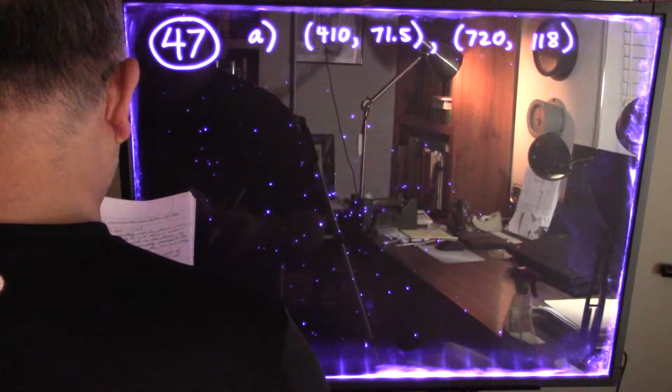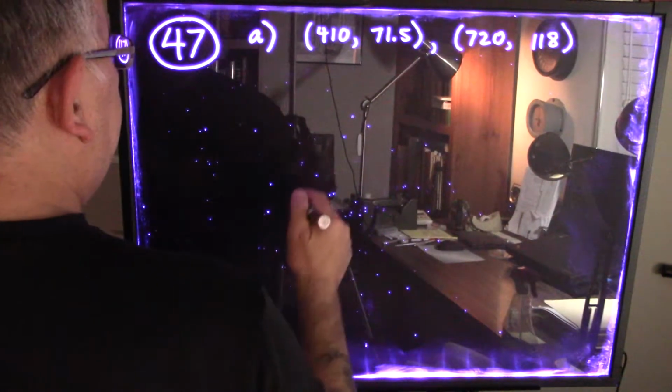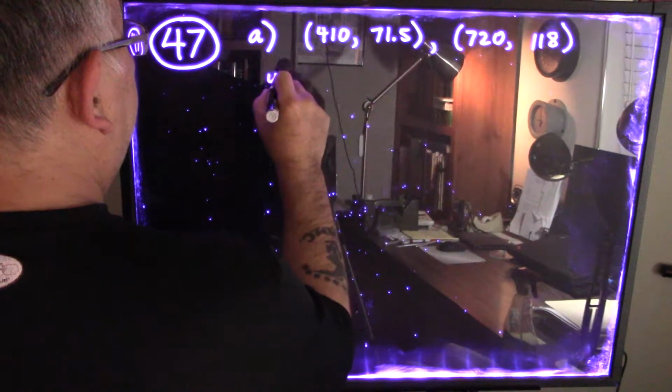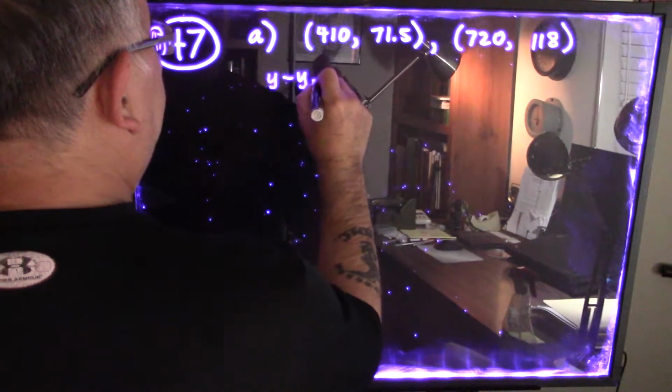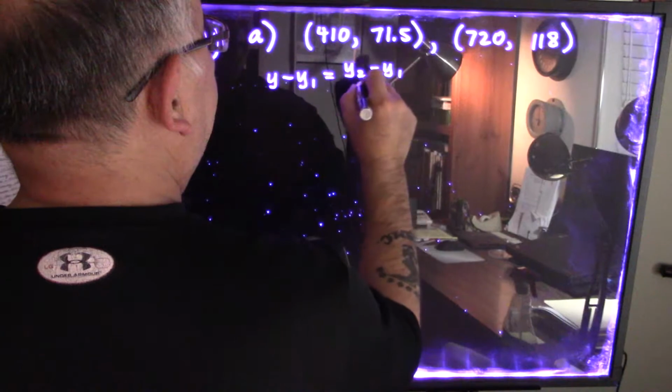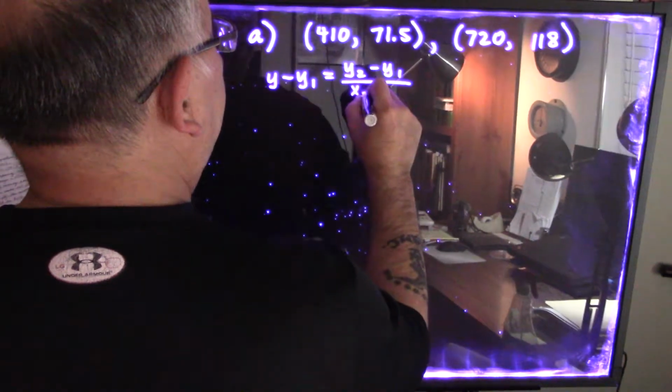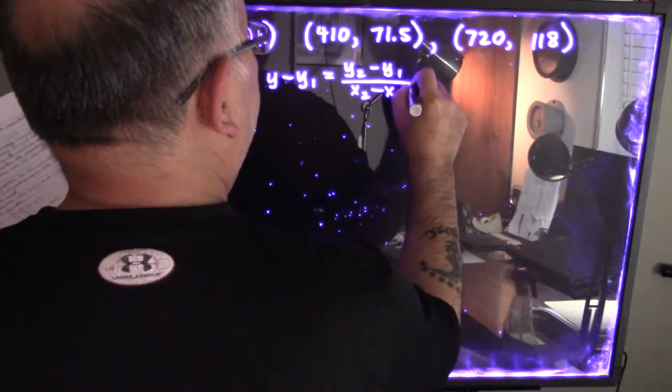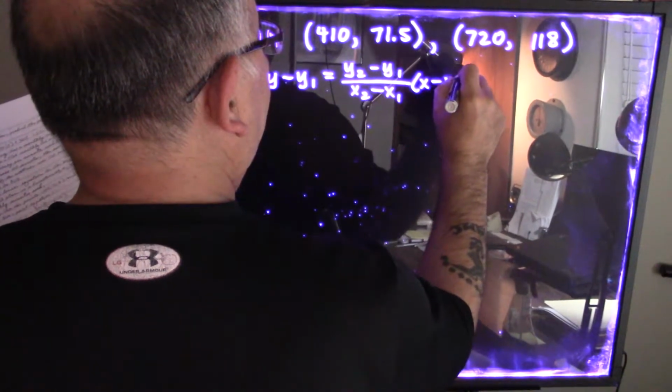So we can use the 2-point equation for a line. y minus y1 equals y2 minus y1 over x2 minus x1 times the quantity x minus x1.